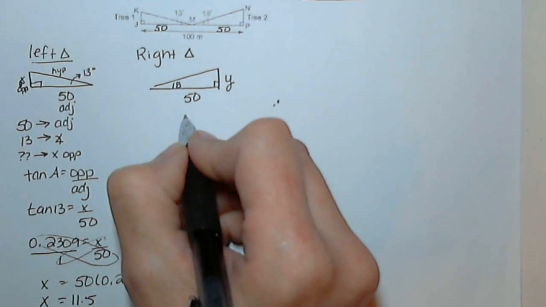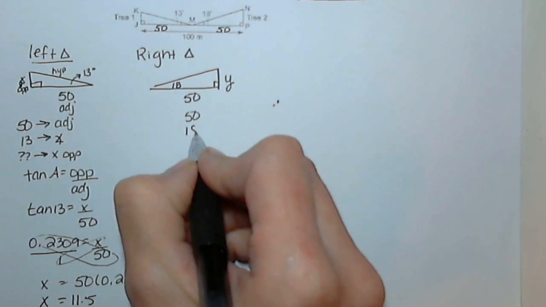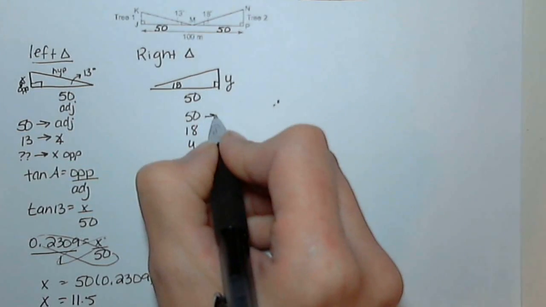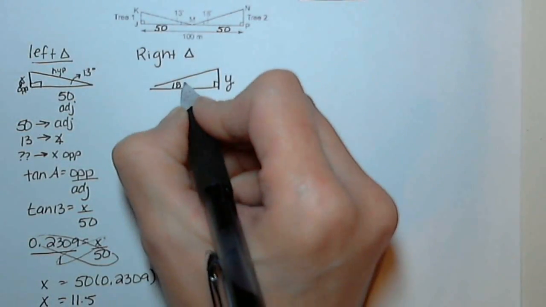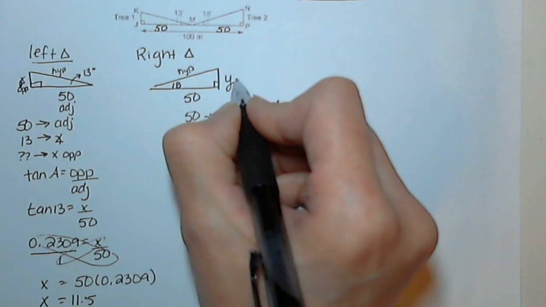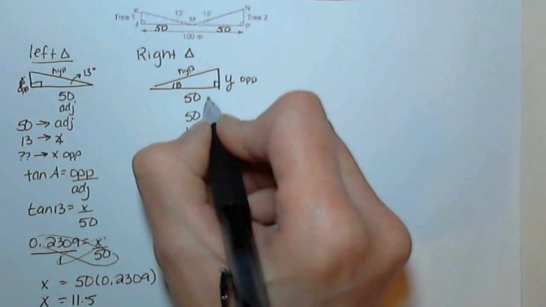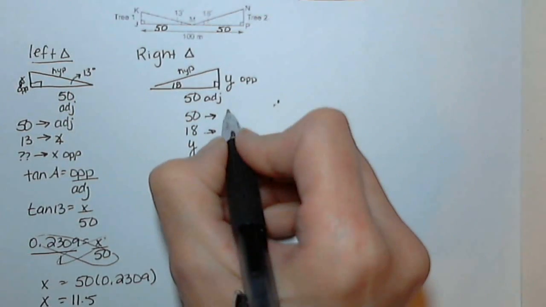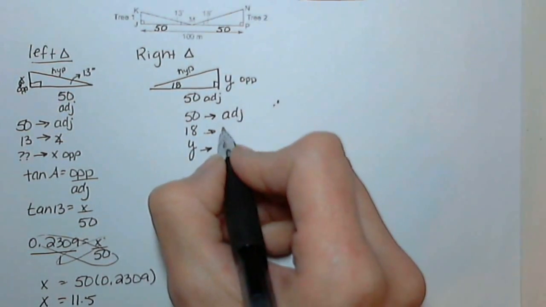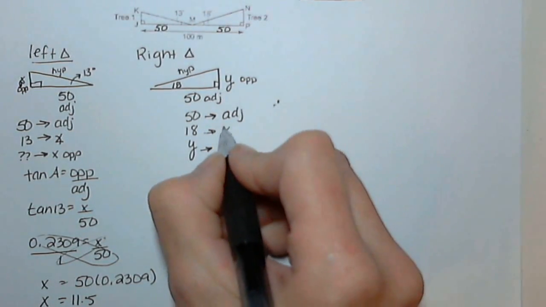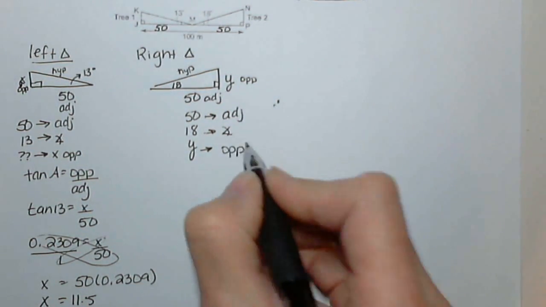So making our list, we have a 50, we have an 18, and we have a y. This is our hypotenuse, this is our opposite, this is our adjacent. So the 50 is the adjacent still, same as last time. The 18 is the angle, and the y is the opposite.